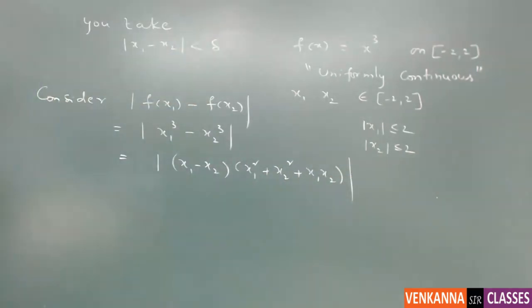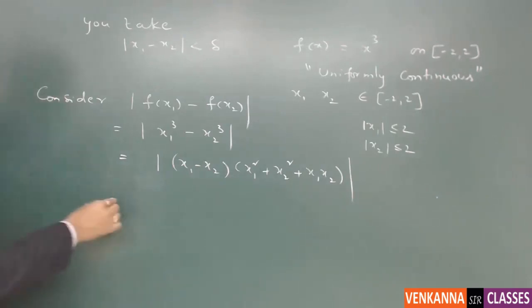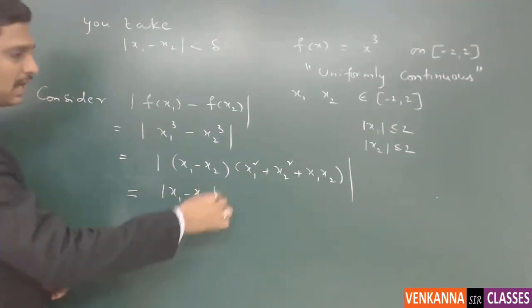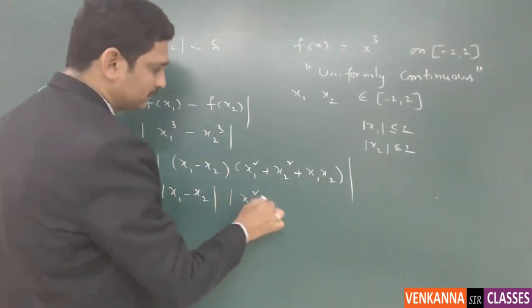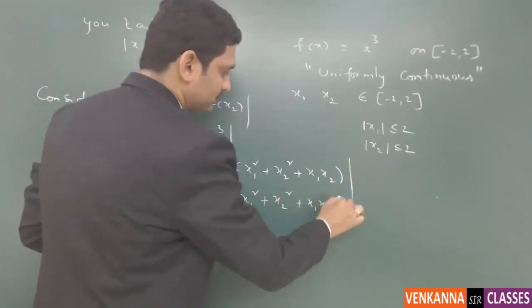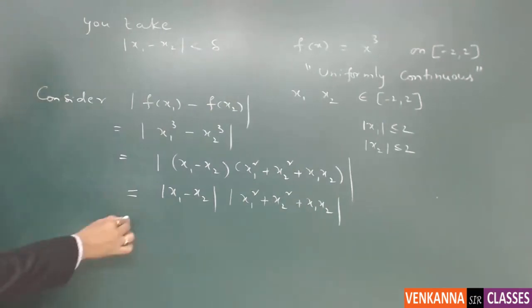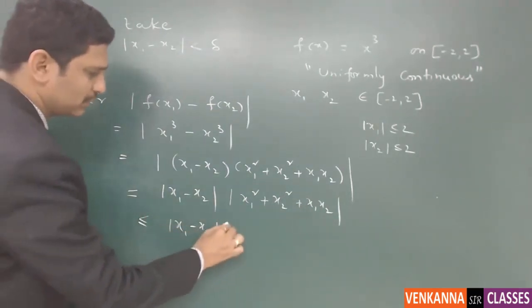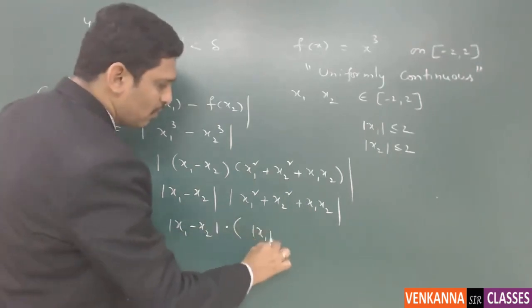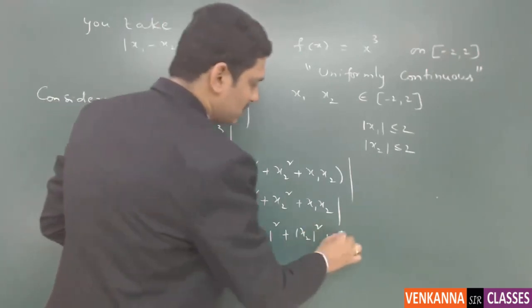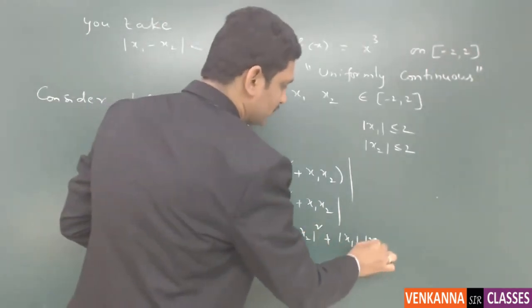Can I write like that? Right. So it will be written as mod x1 minus x2 and here modulus of this one. Again, this value will be less than or equal to modulus of x1 minus x2 into mod x1 square plus mod x2 square plus mod x1 into mod x2.